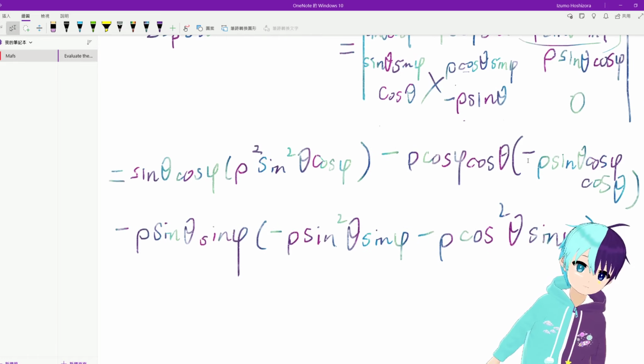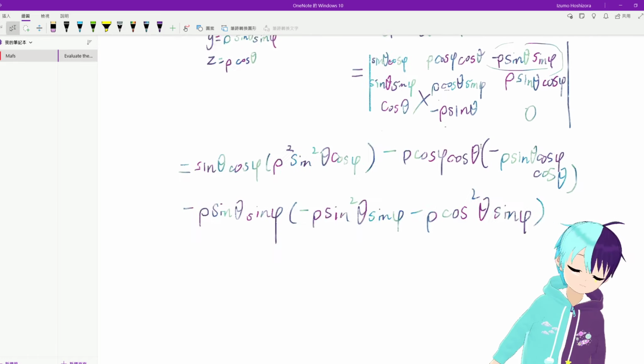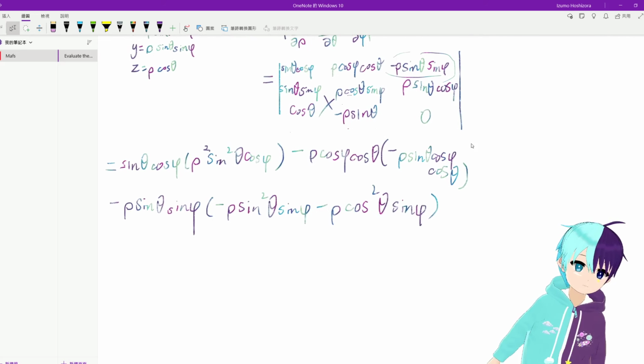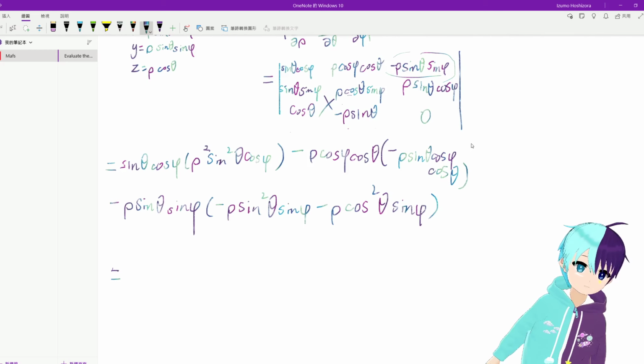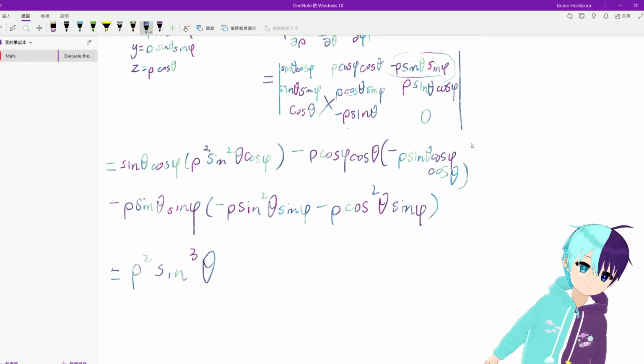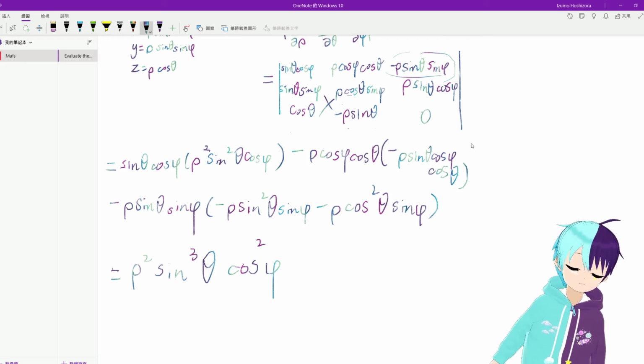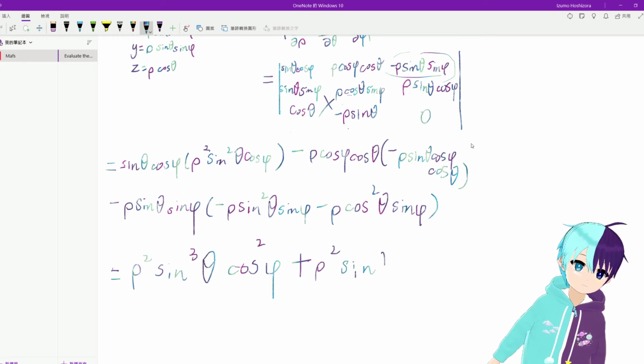And then let's try to further simplify this. So this will be equal to rho squared sine cube theta cosine squared phi, and then the second term is plus rho squared sine theta cosine squared phi cosine squared theta.